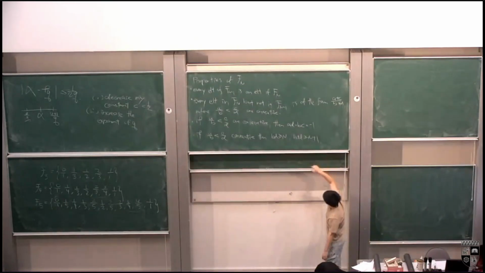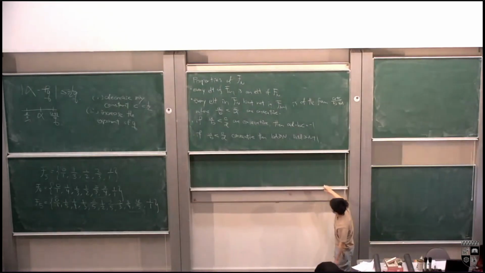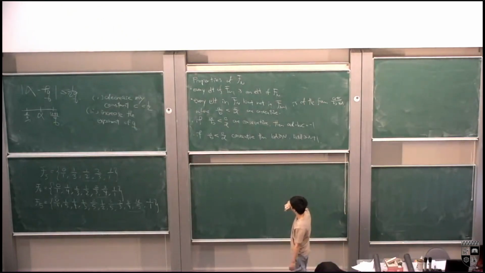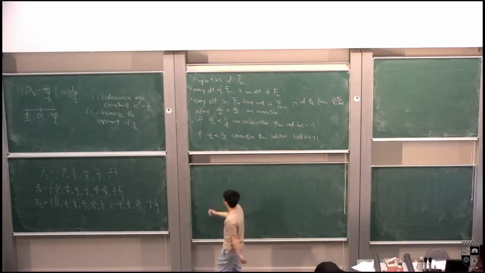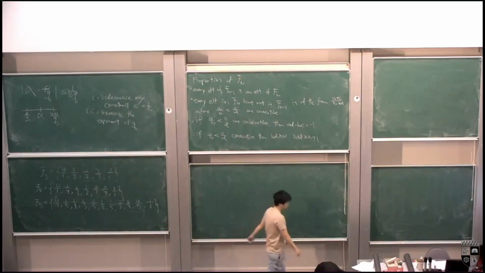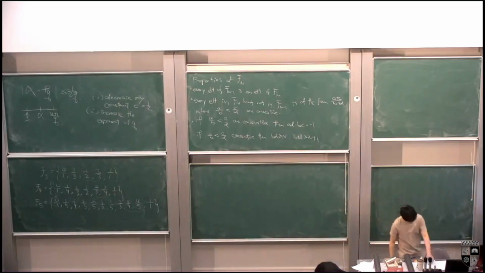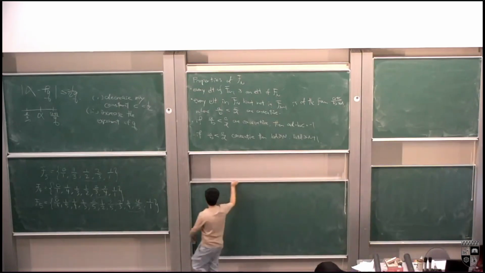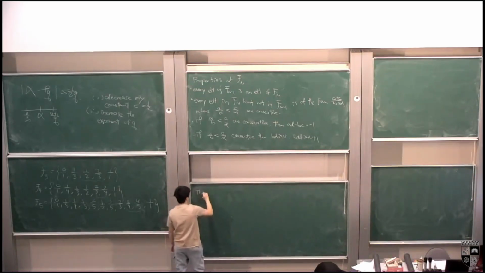So we're going to use these to get a better bound for our question: how close is alpha to P over Q? We're going to prove a theorem due to Dirichlet. Another Dirichlet theorem, who's surprised?